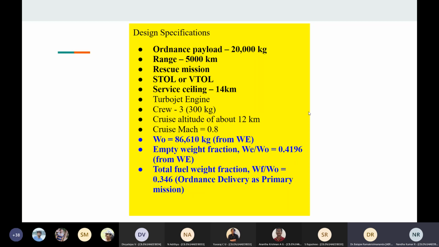Yes, sir, so we have used the supercritical airfoil. That is okay, but it will add to the cost of your design. Anyway, I don't mind. You can play with it. I have not specified, so you can design. You are free to do so. I'm just telling you what will happen.